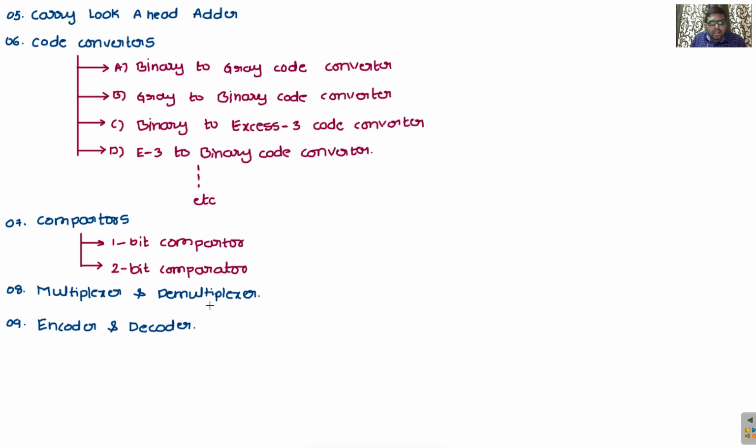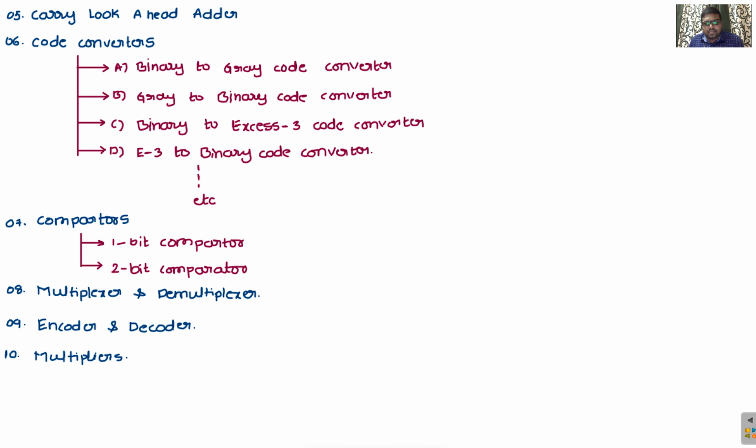And the 10th topic is multipliers. Okay, so these are the 10 topics which come under combinational circuits.